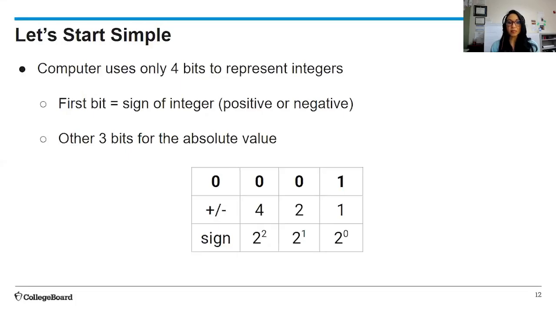In that number system, the number 1 would be represented like this, like you see on your screens, 0001. Again, that first column represents the sign, in this case a positive number, and the 1 in the rightmost column would represent the 1's place value.